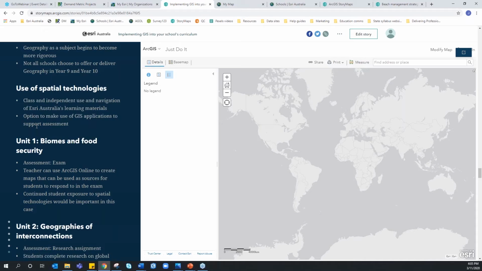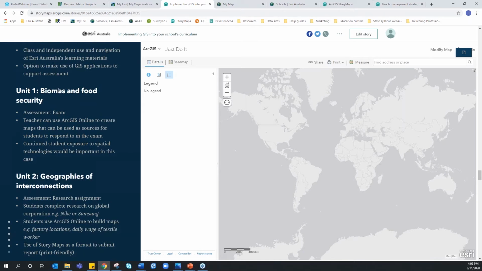The option here, now that we're in Year 9, is to start making use of GIS to support assessment, and that needs to be a bit more of a focus, particularly if you do have a senior geography subject being offered at your school. We need to start building these skills and capabilities in now in Year 9 and 10, so that if they do choose to progress to Year 11 and 12, they've got a foundation of skills and capacity when it comes to using GIS.